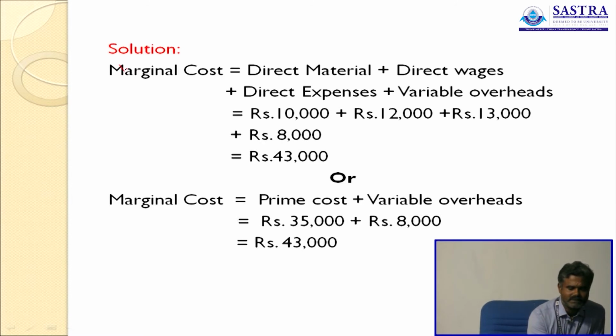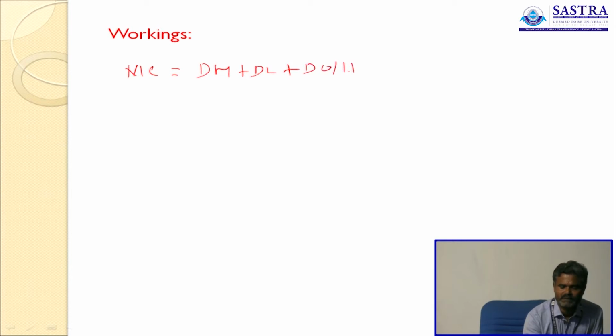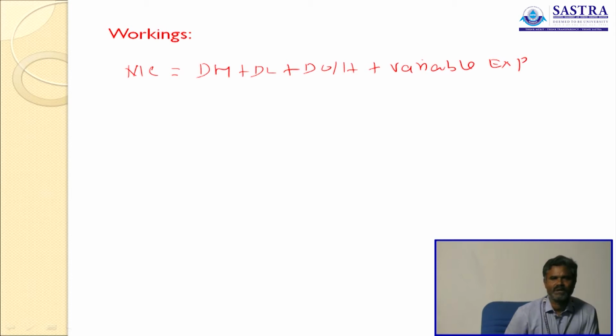Marginal cost equals direct material plus direct labor plus direct overheads plus variable expenses. This is one type of formula to find out marginal cost.